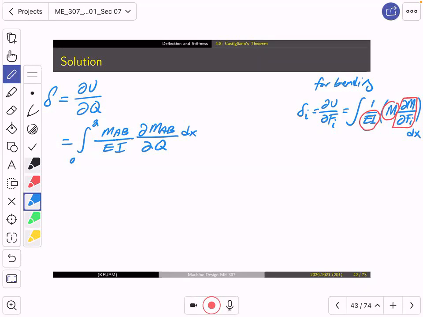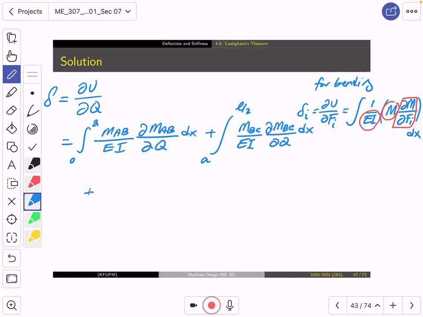And then I will have plus the integral from a to L over 2 for M_BC divided by EI multiplied by del M_BC over del Q dx.